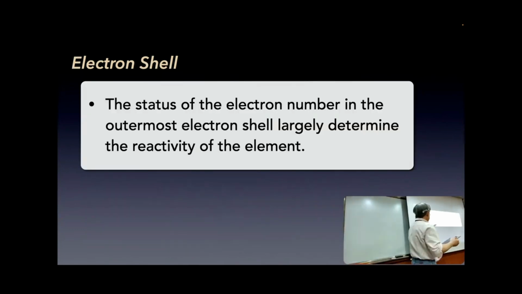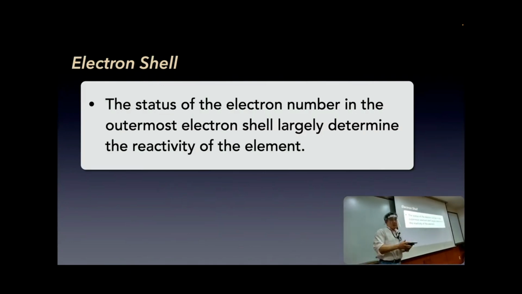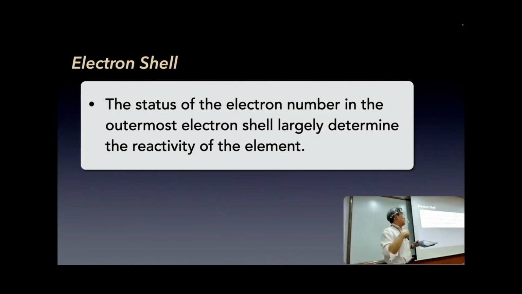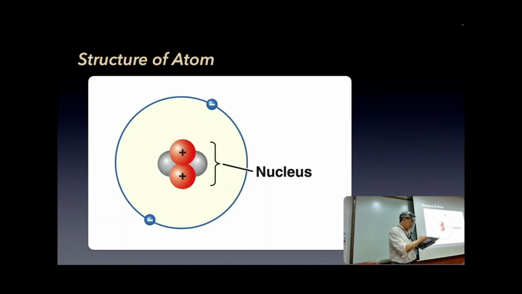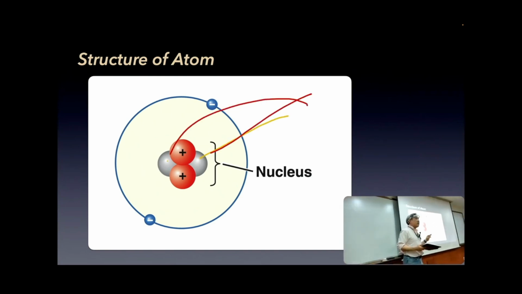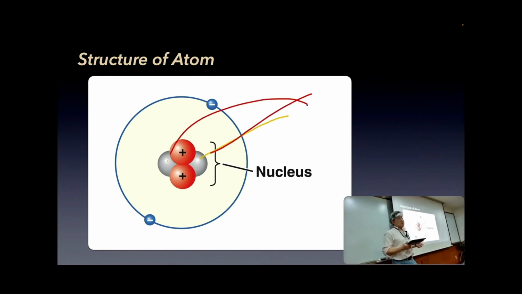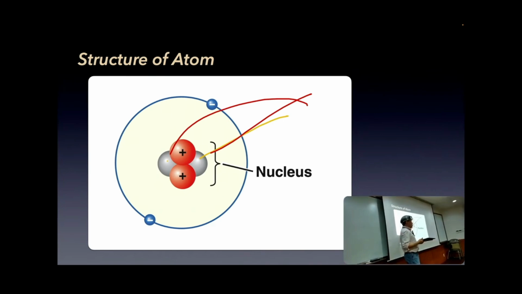So anyway, the importance of the electron is, by the way, what are these gray guys here? Neutrons, yes. These neutrons don't have any charge. However, they contribute weight. They are as heavy as the protons.